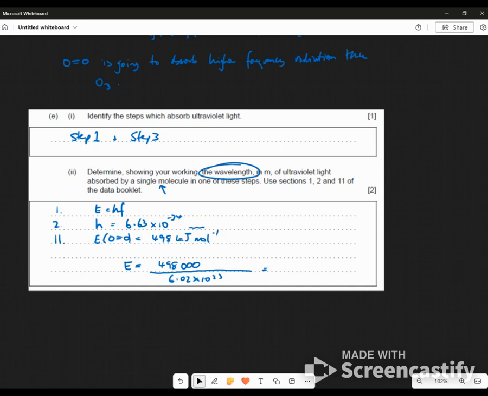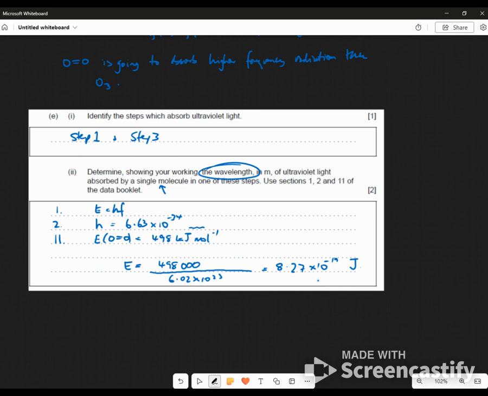Let me do this on my calculator. 498,000 divided by 6.02 exponential 23, and I get 8.27 times 10 to the minus 19 joules. So that's the energy for 1 photon.